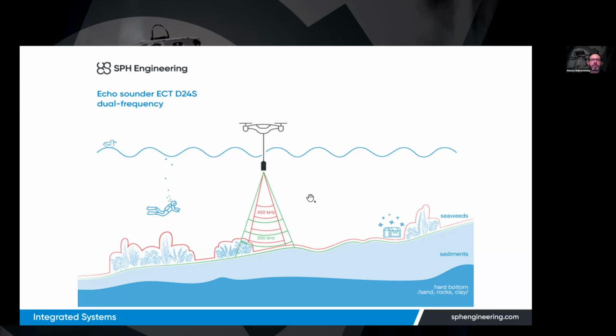But 200 kilohertz sound in most cases will penetrate through vegetation on the bottom, and you will get a quite clean picture, quite clean image of bottom in your data.